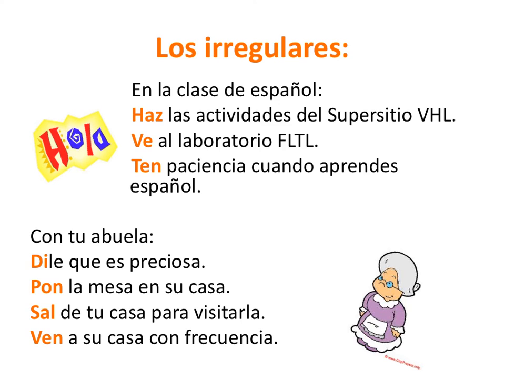All right, and then we have irregulares. Haz, ve, ten, di, pon, sal, ven. So like, Pablo, ven. Well, actually, it was correcto, but ven a clase los viernes, Pablo. Or Carly, ven a clase a tiempo. So ven, sal, pon, di, ten and haz are what kind of verbs? What's the yo form of poner?